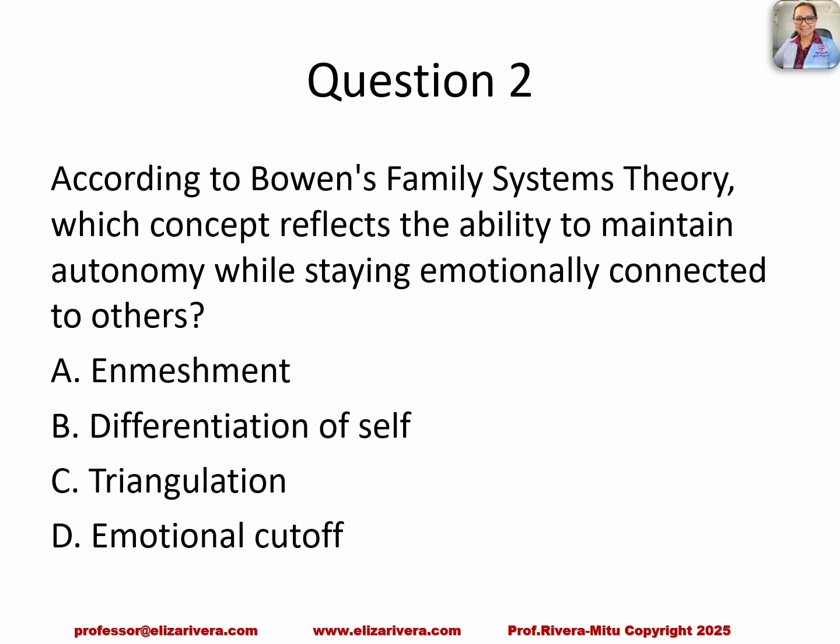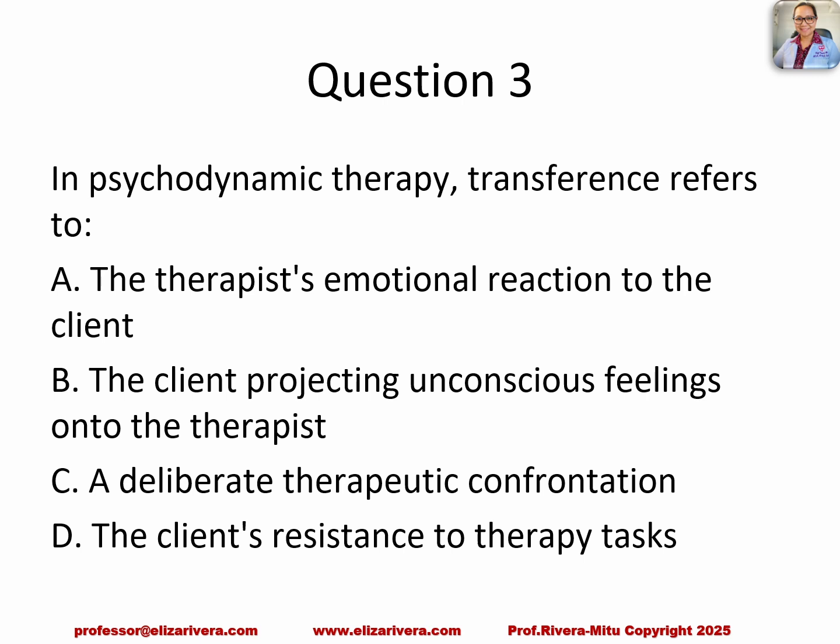And D, emotional cutoff, means withdrawing from others to manage unresolved issues, not healthy differentiation. Some keywords to look for that may be connected to Bowen's family systems theory are family dynamics, emotional boundaries, and multi-generational patterns.